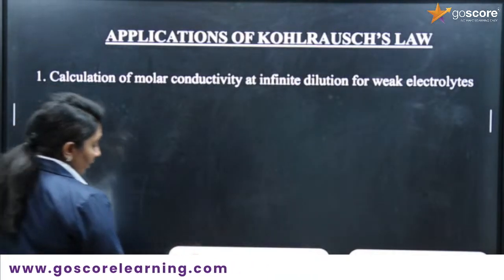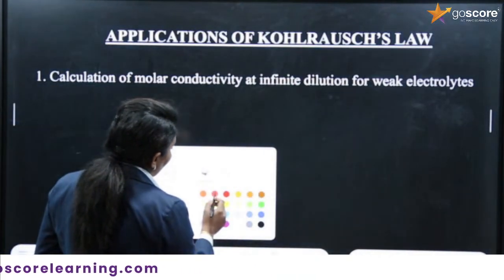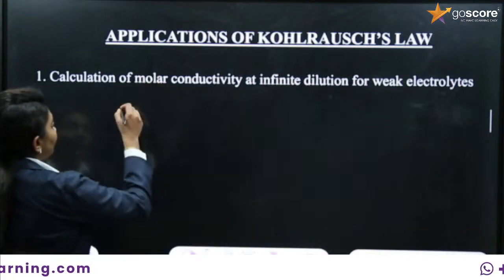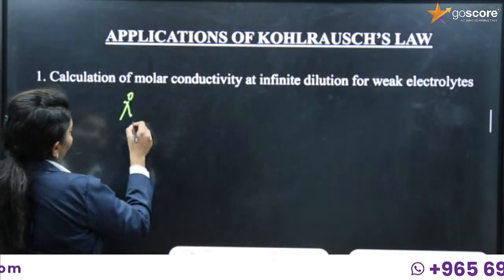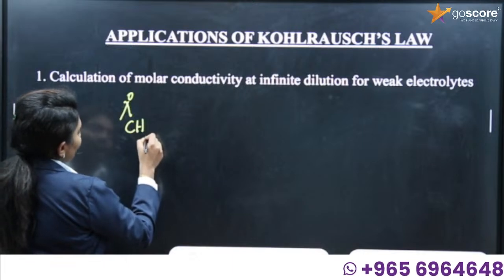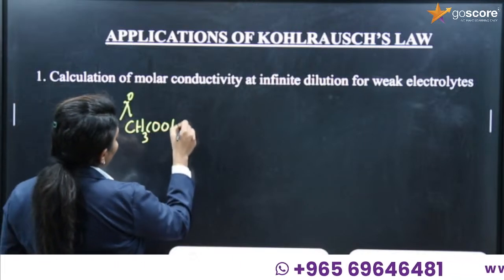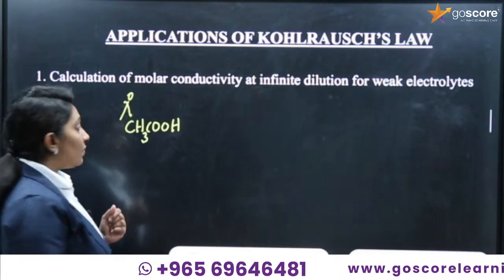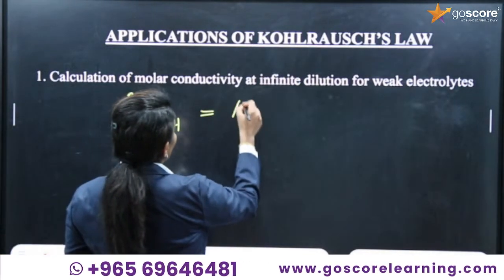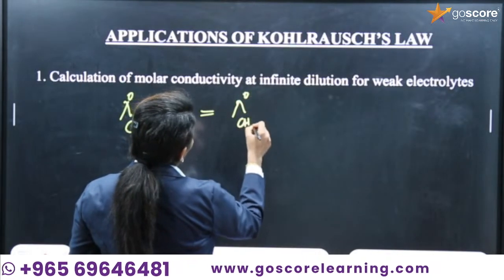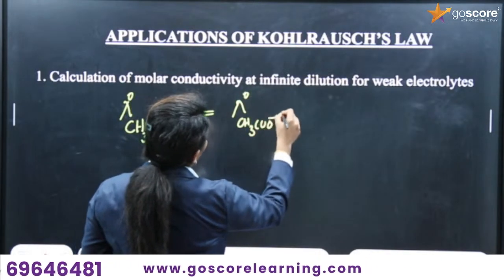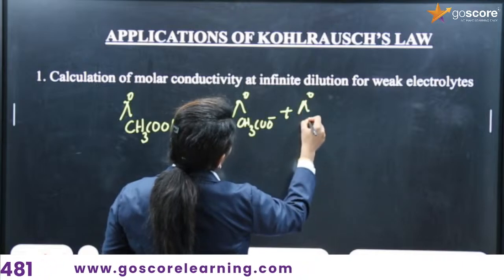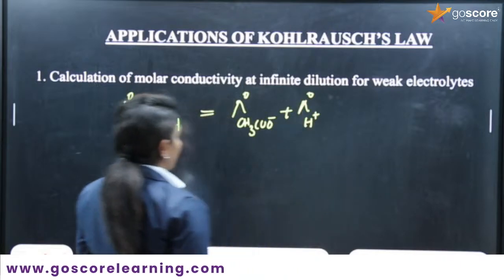Even if you don't know them, see, if you want to find out the limiting molar conductivity of acetic acid, CH3COOH, this will be equal to the limiting molar conductivity of the acetate ion plus the limiting molar conductivity of H plus ions, right?